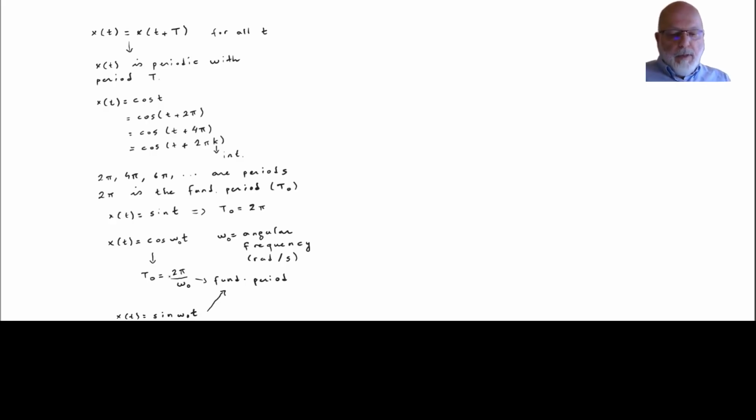Now, we have these two important signals, which are sinusoidal signals, the cosine signal and the sine signal. Now, the complex exponential signal is obtained as a complex superposition of these two real-valued signals as follows.